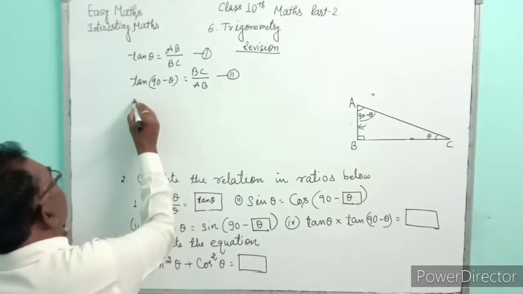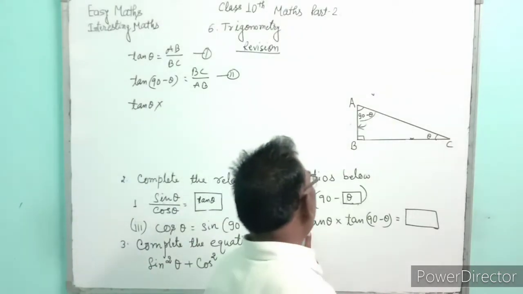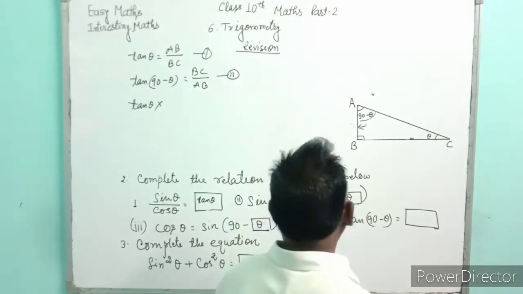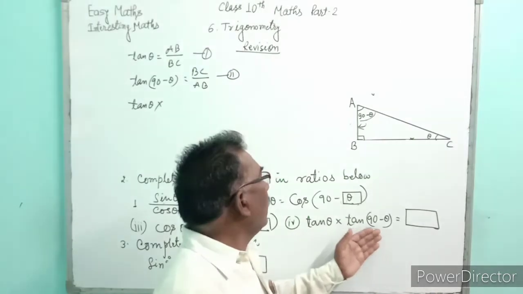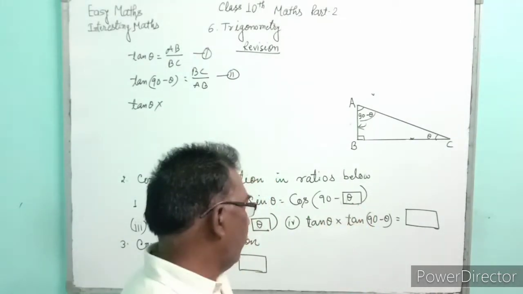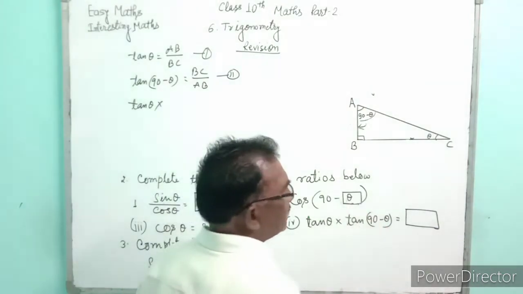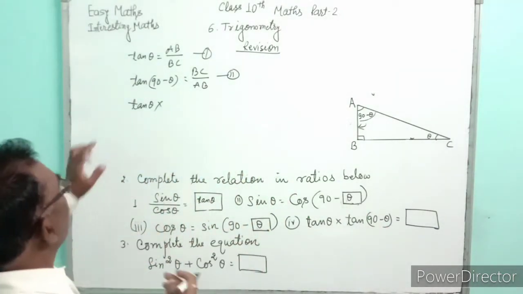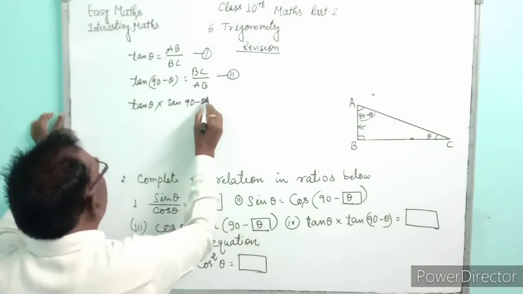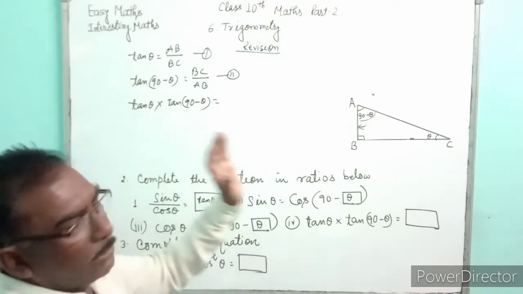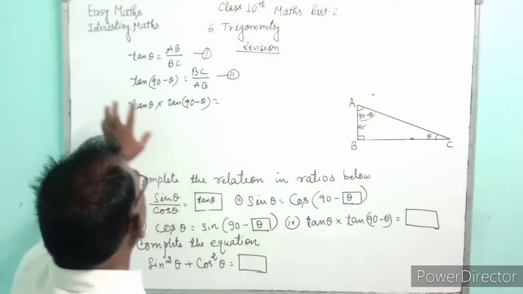Now we are finding the relation between tan theta and tan 90 minus theta. What will be the product of tan theta and tan 90 minus theta? So tan theta into tan 90 minus theta, we will write the ratios of tan theta and tan 90 minus theta.